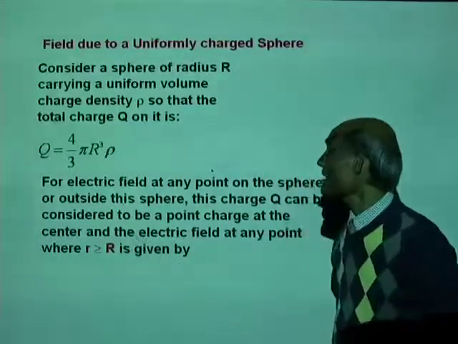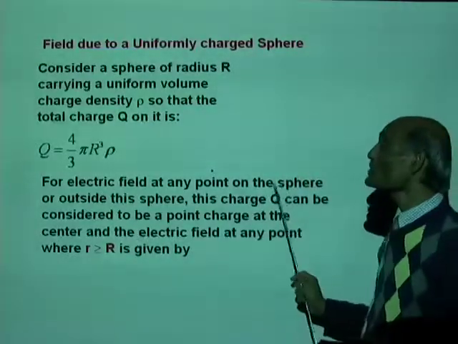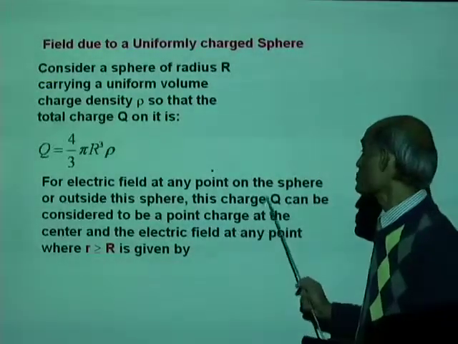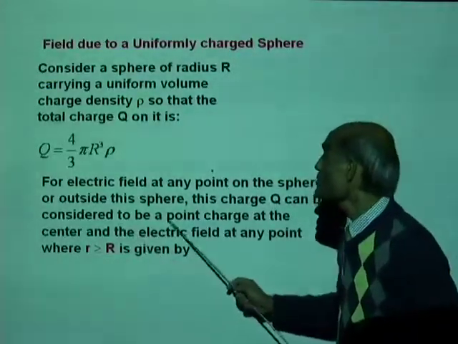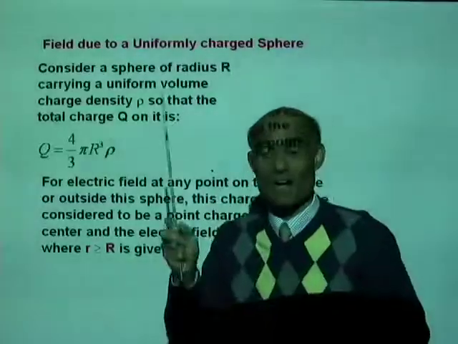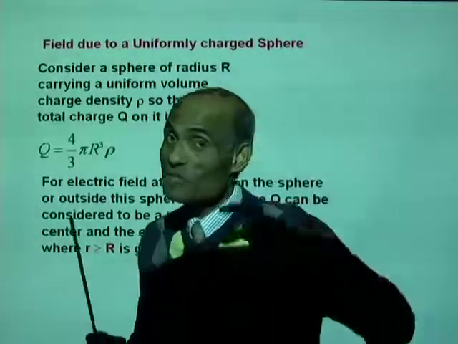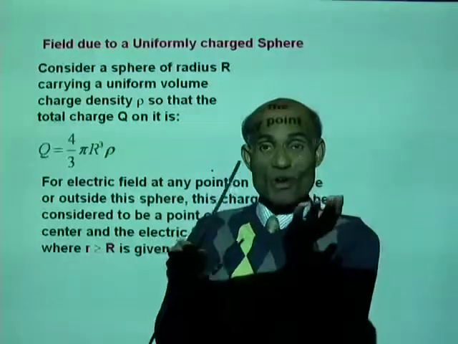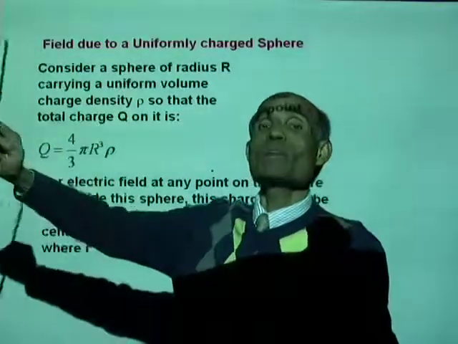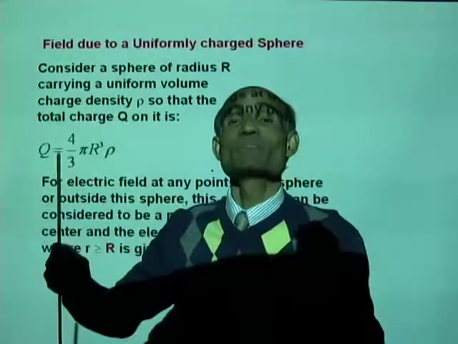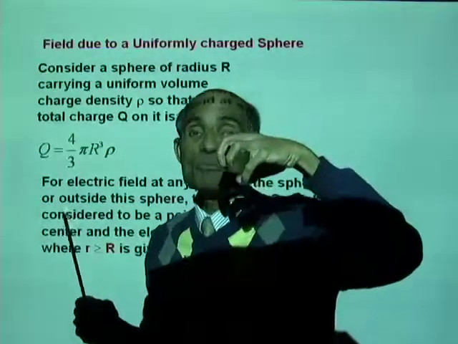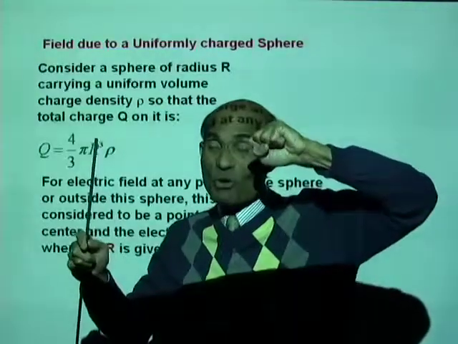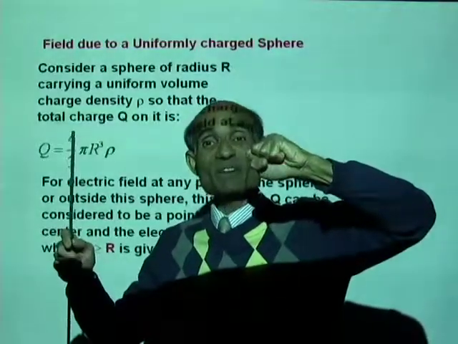For electric field at any point on the sphere or outside the sphere, this charge Q can be considered to be a point charge. You see, just like the shell, for any point outside of it, the amount of charge on the shell behaves as though it is concentrated at the center.